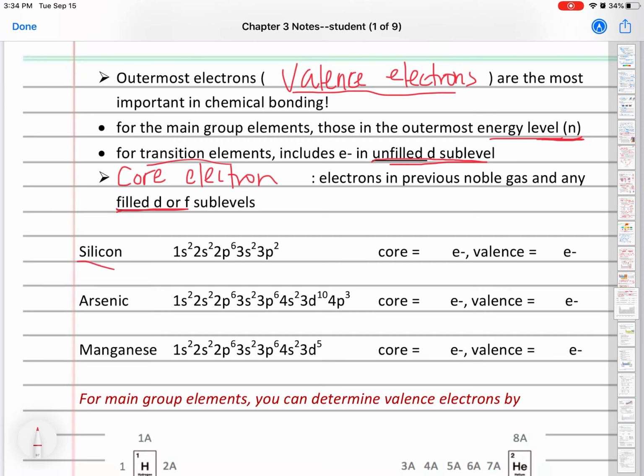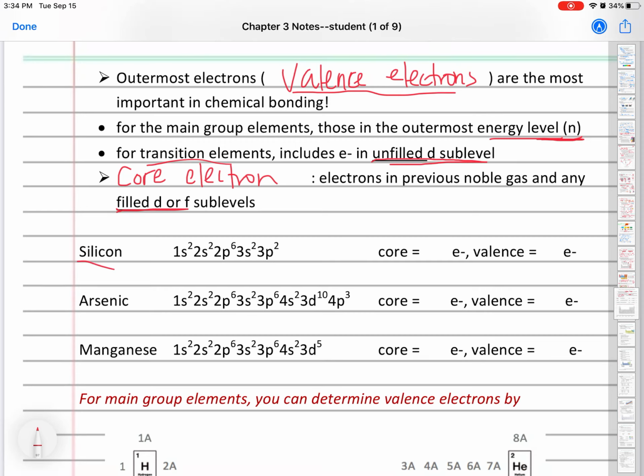Arsenic is also a main group element, and so for main group elements, we only count the ones in the outermost energy level. Any electrons in filled d or f sublevels, like these, are part of the core. So the 4s2 and the 4p3 are our valence electrons.